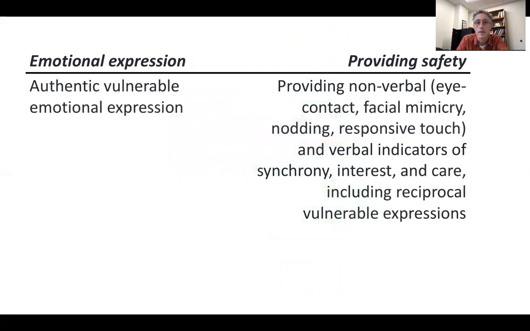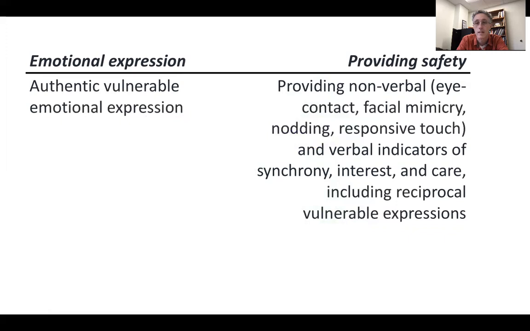Here are the basic definitions of emotional expression and providing safety that we went over in the first week. We were practicing authenticity and vulnerability in our emotional expression, and providing safety is sort of a long definition, but we can think about safety in both nonverbal and verbal terms. And nonverbally, it's really important.